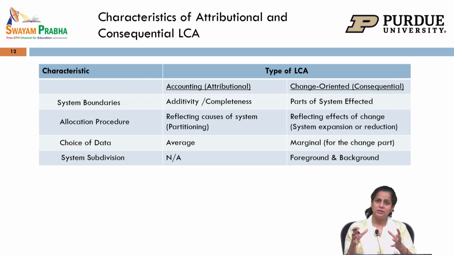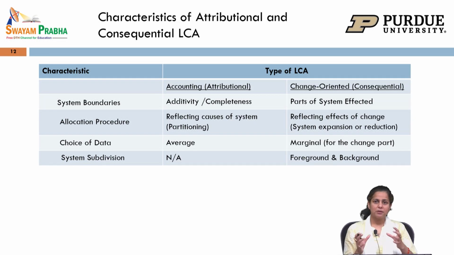So, if I am changing some life cycle stages in the life cycle of the product, how is that change affecting the overall system or any other system? Here we will go through system expansion, or how do we expand the system or give credits to the system. So, we will also see an example of allocation for system expansion.